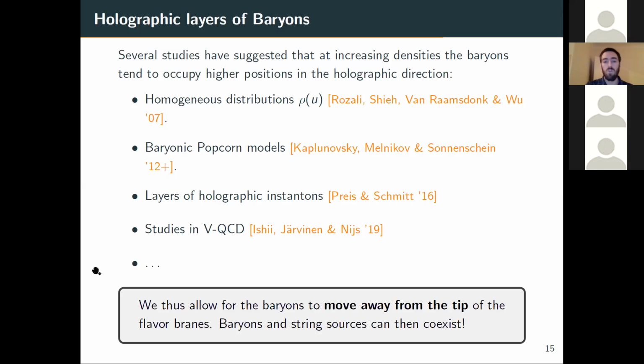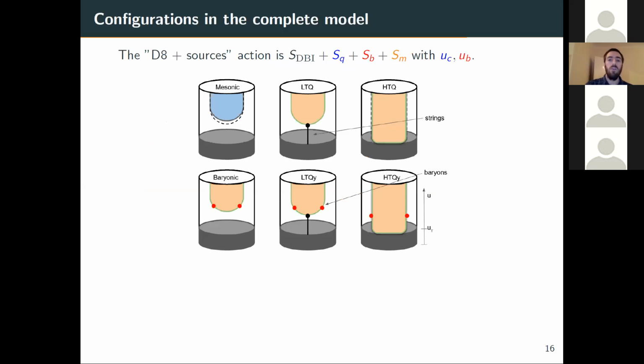So what we'll do is we're going to allow the baryons to move away from the tip of these spherical branes. And this is going to allow for baryons and these string sources I talked to you about before to exist at the same time. When we look at the full model, which is DBI action plus quark sources, plus baryon sources, and plus the mass deformation, if you want to put it in.